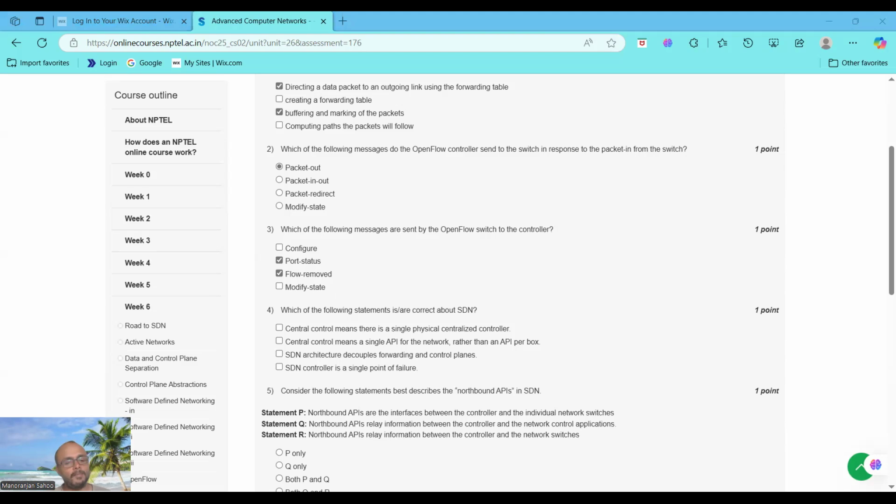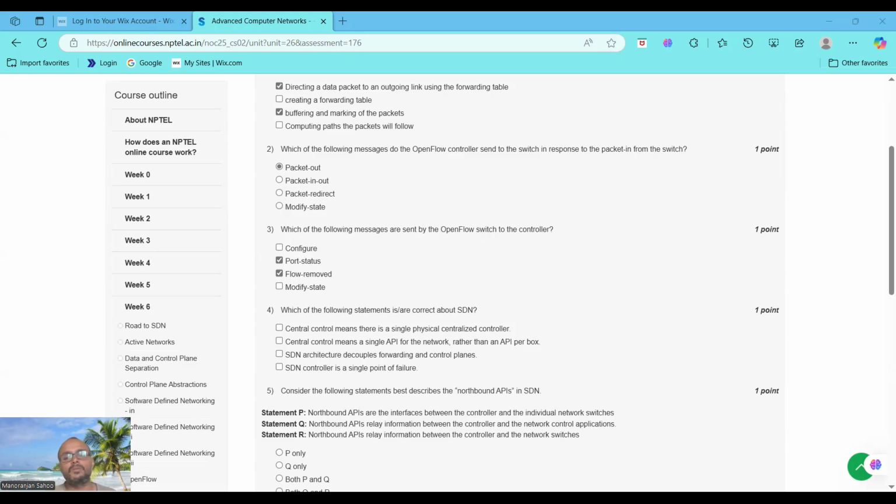Port status is sent by a switch to inform the controller about changes in the status of a port, that is port up or port down. Then flow removed is sent by the switch to inform the controller when a flow entry is removed, that is due to a timeout.